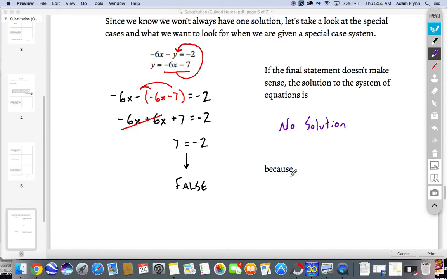And that is because these lines will never cross. And when two lines are never, ever going to cross, that means they are parallel.